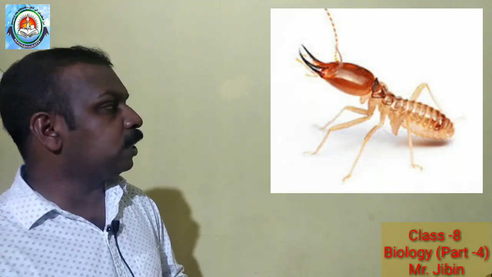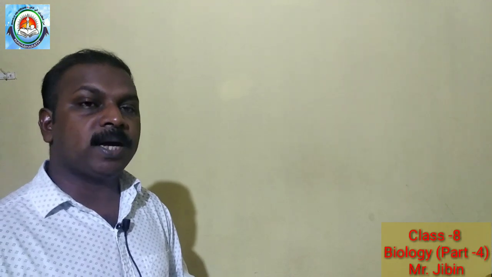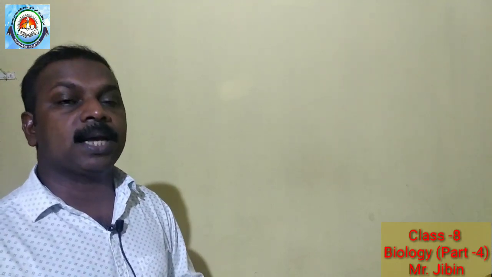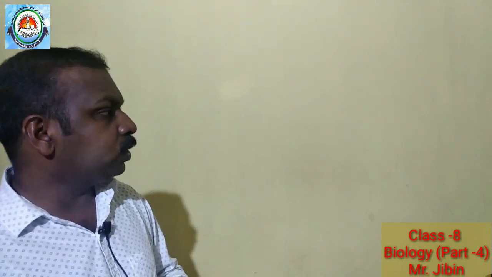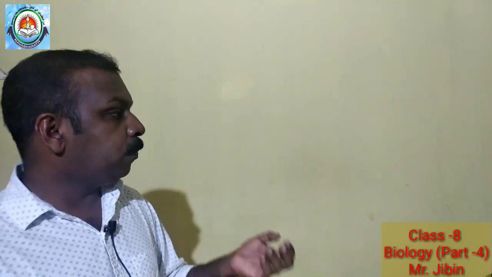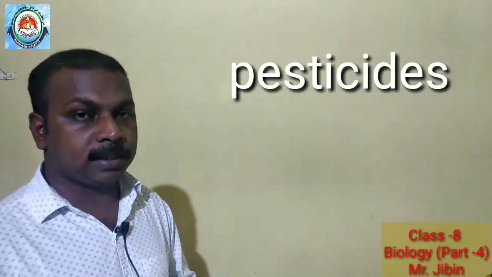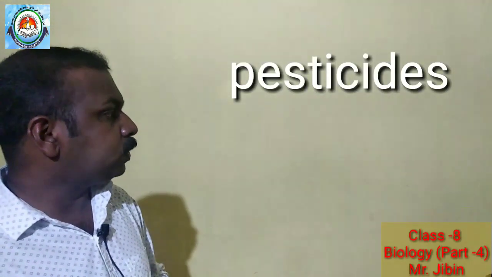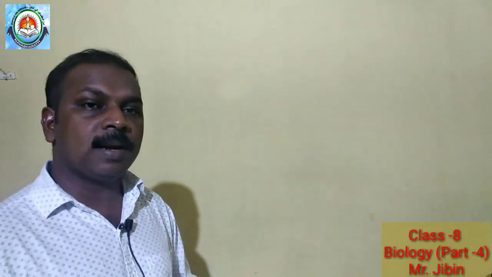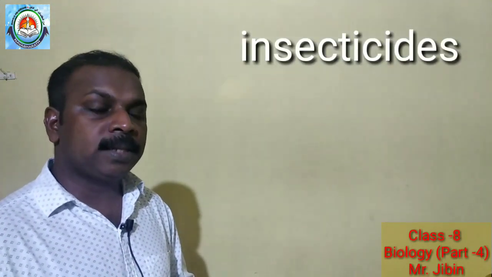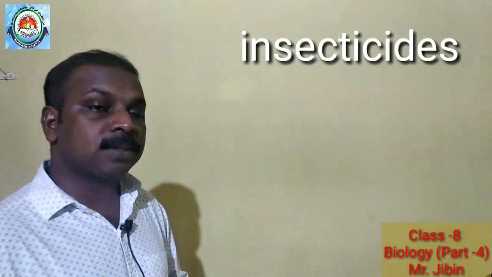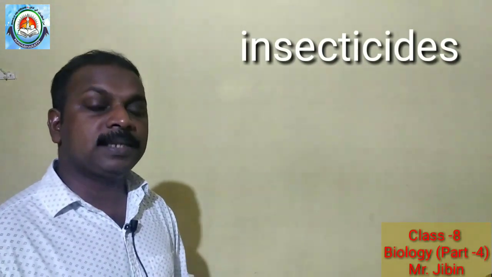So these pests or insects can be controlled by using some chemicals. If we use chemical substances to kill the pests, those chemical substances are called pesticides. If we use chemical substances to kill insects, such chemical substances are called insecticides.